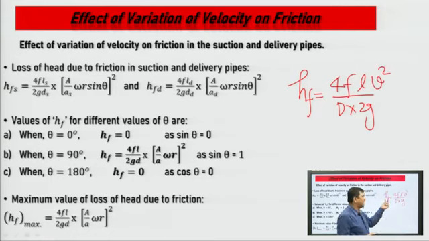This head loss due to friction equals 4f, where f is the coefficient of friction, L is the length, and V square is the velocity square.